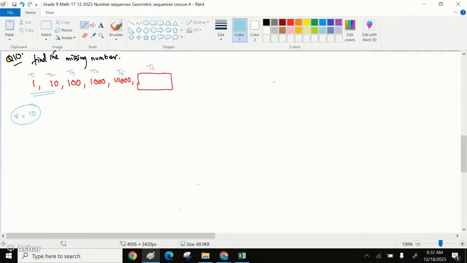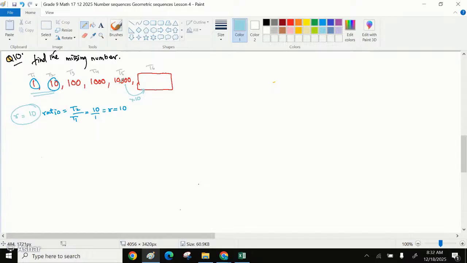How do we know that? Because when we compare this value to this value, the first term is compared to the second. That means term 2 is divided by term 1. That means 10 upon 1, the ratio is 10. And we know that every term means multiplication by 10.